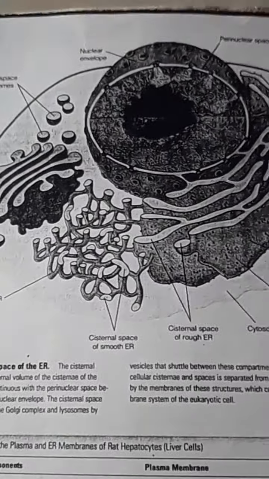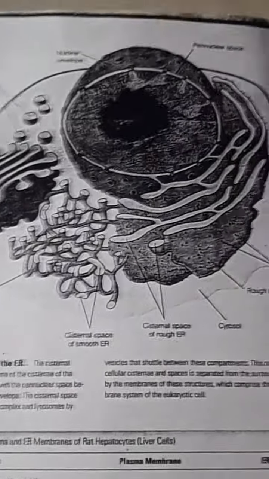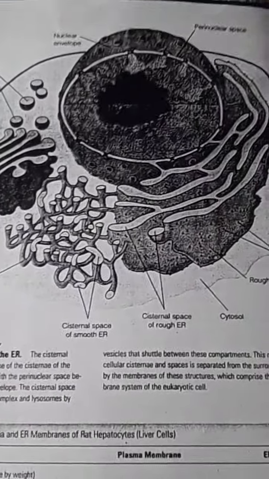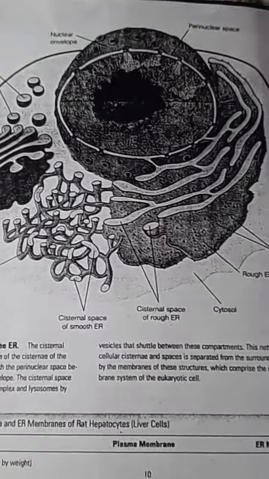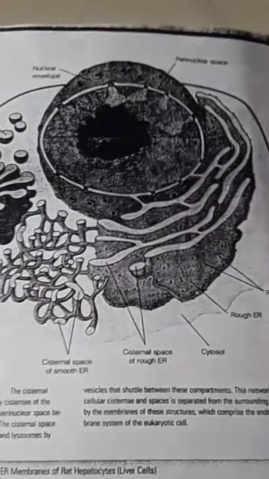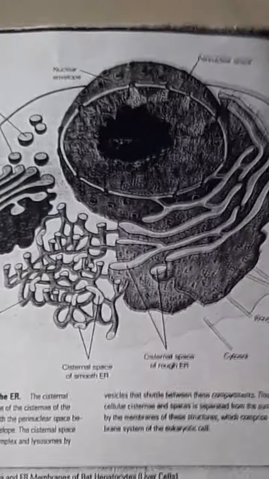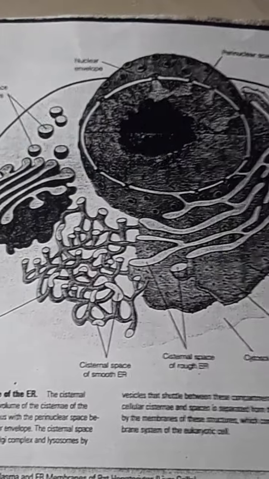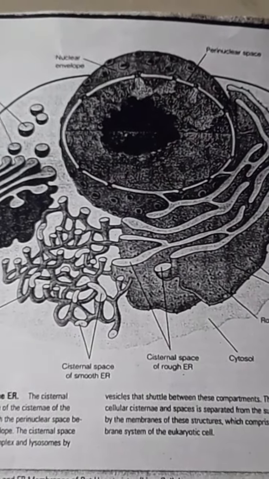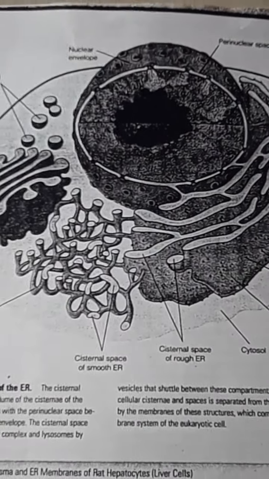Now, we have already talked about a different kind of membrane, the cell membrane. So, are the endoplasmic reticulum membrane and the plasma membrane similar? No, they are not very similar. The endoplasmic reticulum is thinner than the plasma membrane, about 5 to 6 nanometers thick.